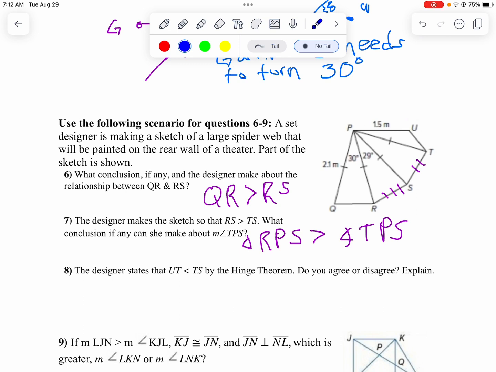It kind of looks like it is, doesn't it? But you can't go by looks. There's no property that tells us that. So, disagree with this. There's not enough information.